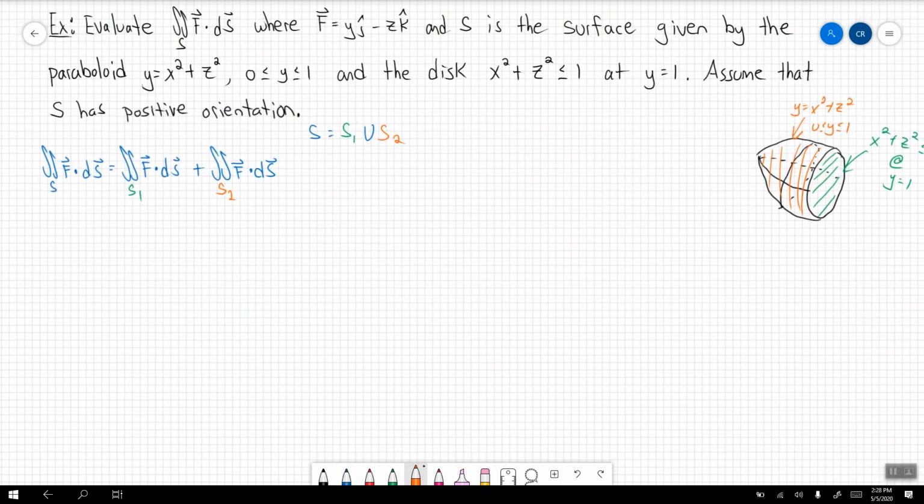Alright, so let's work with surface 1 really quick. Surface 1 is x squared plus z squared less than or equal to 1 at y equal to 1.